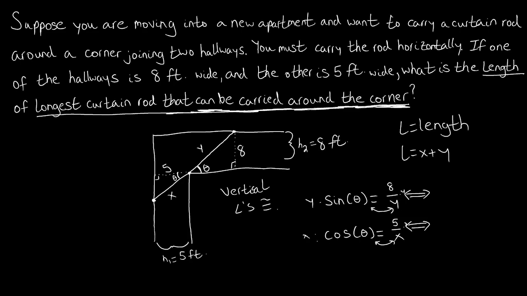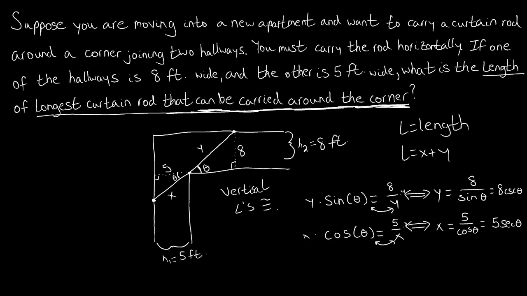Then we just divide by cosine theta. So instead of doing those two long drawn out steps, it simply boils down to switching the spot of these two. So here we're going to write that this is y equals 8 over sine theta, and this is x equals 5 over cosine theta. And we can also rewrite these using the reciprocal identities of these functions, right? So we get 8 cosecant theta, and we get 5 secant theta.